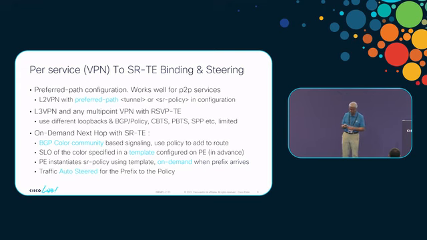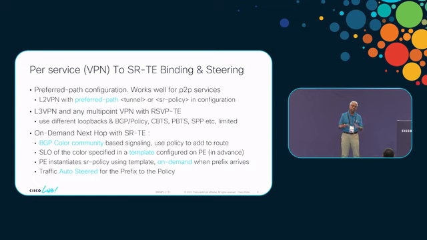So that's a little bit easier. But with segment routing, we have this concept called on-demand next hop, which is very convenient to use for multipoint, where you can create policies on demand when you actually get a prefix that needs the policy, right? So that's on-demand next hop.